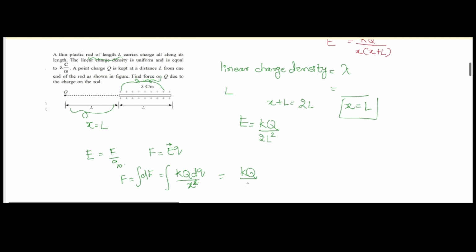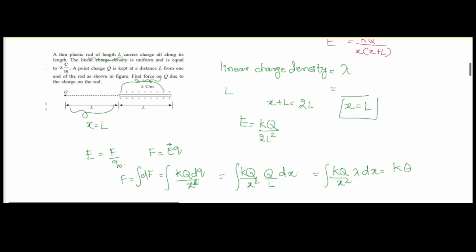K into Q by x square, dq is Q by L dx, which is lambda dx.